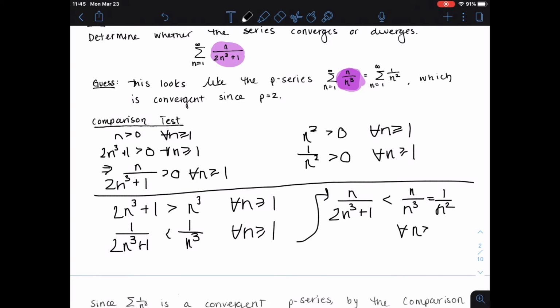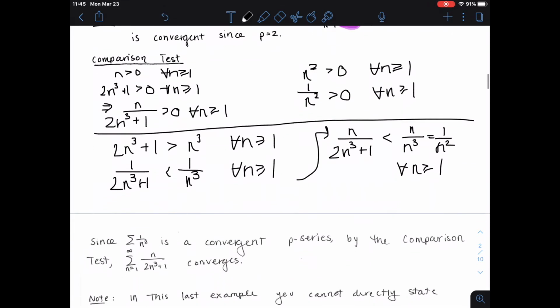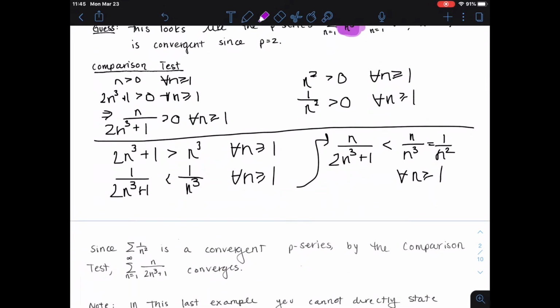And this is true for all n greater than or equal to 1. So the terms in our series are smaller than the terms in the p-series that's convergent. So what we can say is, since this is a convergent p-series, by the comparison test, our series is convergent as well.